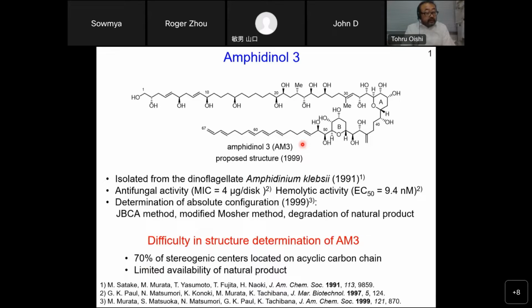However, in 1999, the absolute configuration of AM3 was determined by Professor Murata, Tachibana and Matsumori's group by extensive NMR analysis using the JBCA method, the modified Mosher method, and degradation of the natural product.